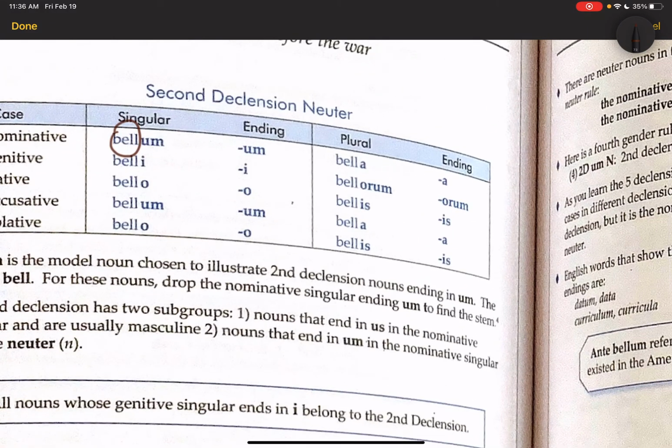Now, the neuter endings are almost identical to the masculine endings. Remember, the masculine endings are us, e, o, um, o, and then the masculine plurals are i, orum, is, os, is.